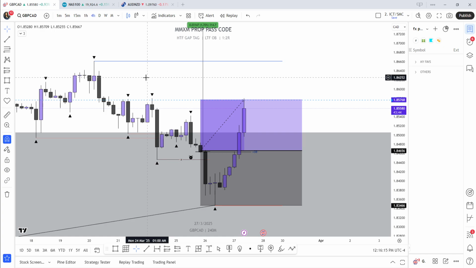I might not take the trade, but I want to mark up the pair just to keep my muscles and my mind seeing on a constant basis how the strategy that I trade is working. Because if you don't use it, you're going to lose it. I know it to be true.